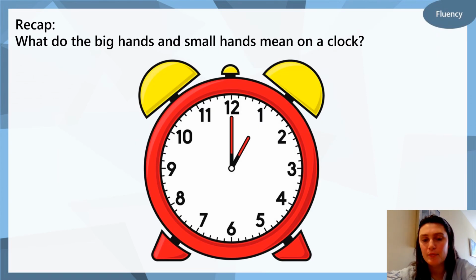So, before we start, let's look back at the hands on the clock. The long hand is the minute hand, and the short hand is the hour hand. In this clock, the long hand is pointing at 12, so we know it is o'clock. The short hand is pointing at 1, so we know it is 1 o'clock.